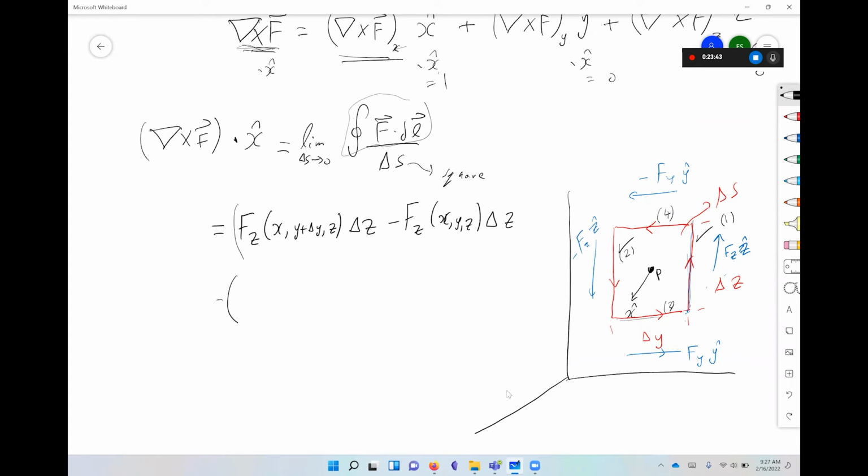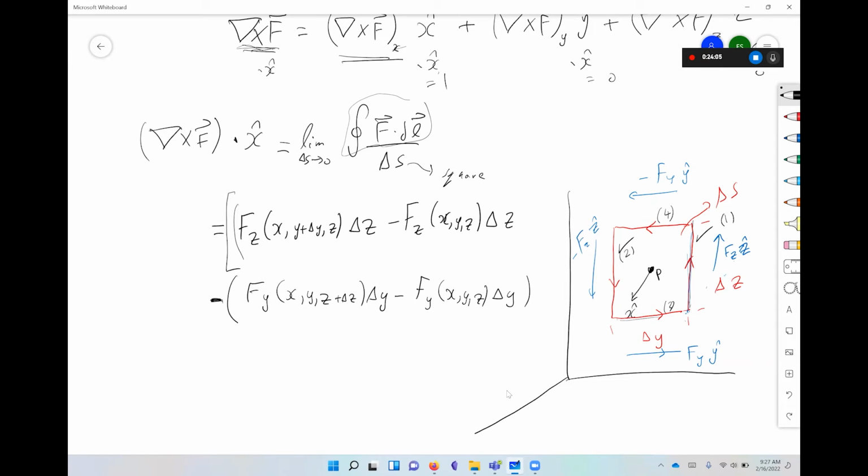If I start with 4, it's going to be negative. Let me take the negative sign out. So this is going to be fy at (x, y, z + delta z) times delta y, minus fy at (x, y, z) times delta y.